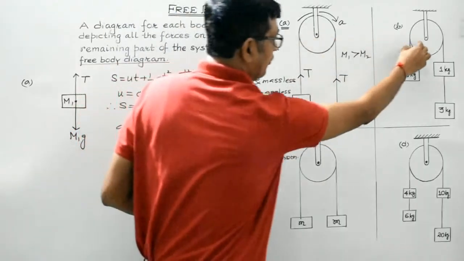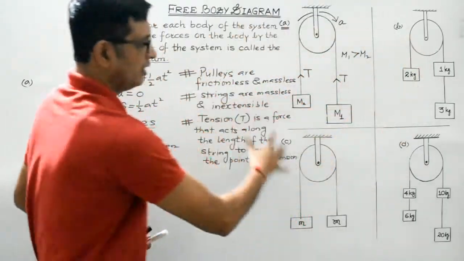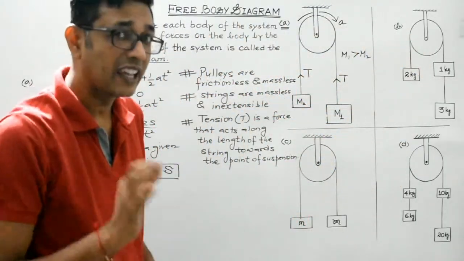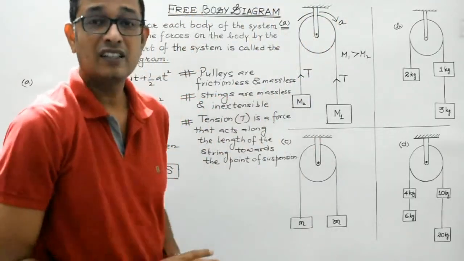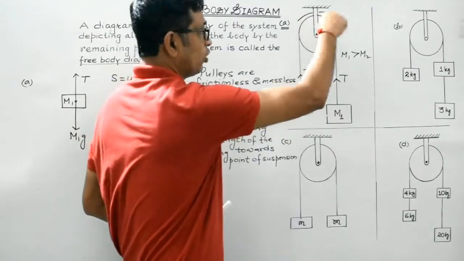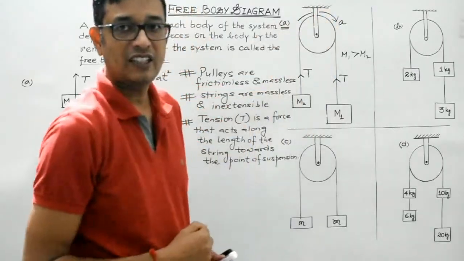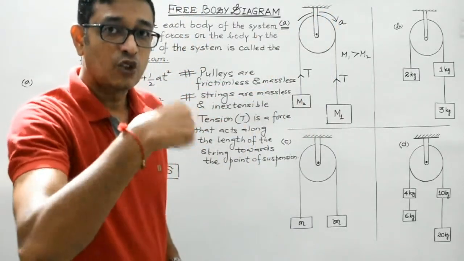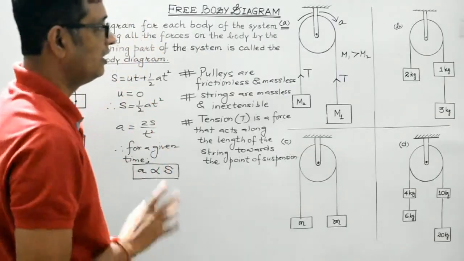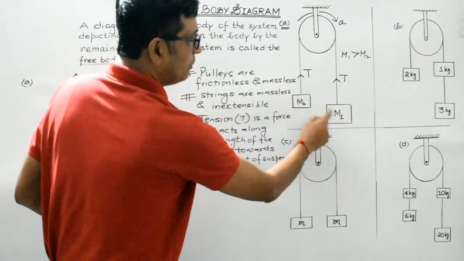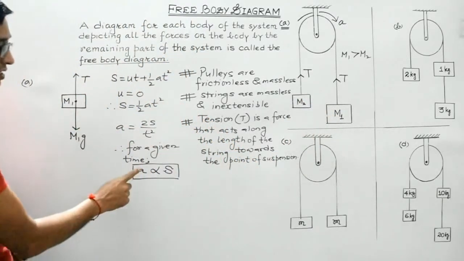So in the case of fixed pulleys, as indicated in the 4 diagrams, the pulley is fixed to a rigid support, right? It is immovable. It is simply rotating about an axis, right? It will be only having rotational motion. It will not be having any linear motion. In such a case, students, both the bodies will possess the same acceleration.